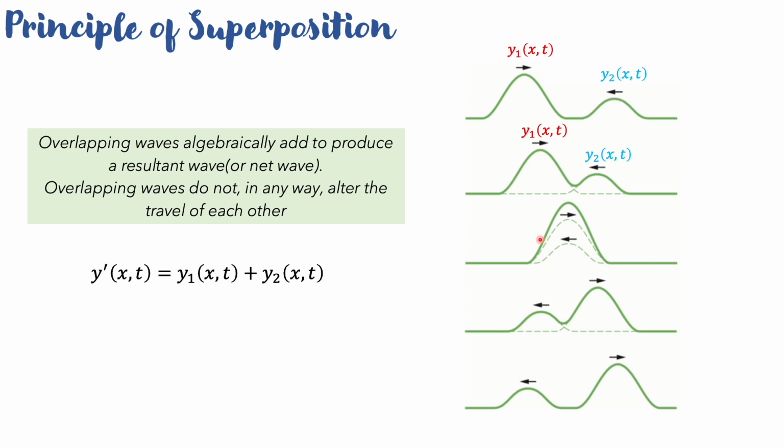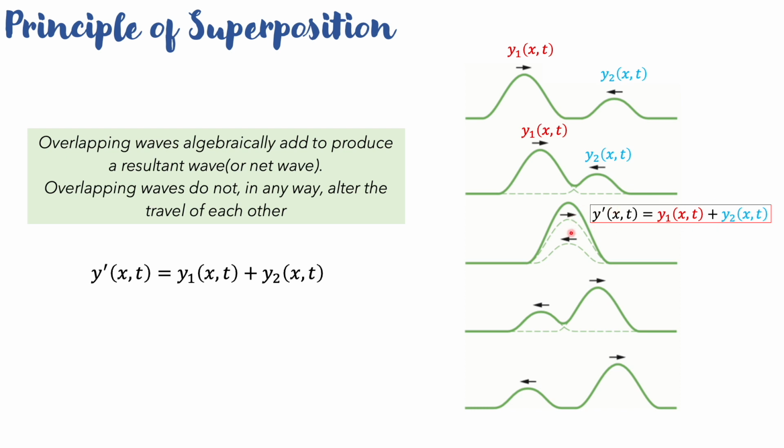When they come in contact with each other, they pass through this point. See, these two came closer. When they pass through the same point, they superimpose with each other and generate a resultant wave, a bigger wave. Its amplitude is equal to the sum of the amplitude of this wave and the amplitude of the second wave.